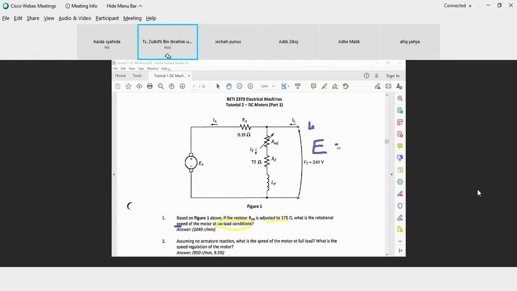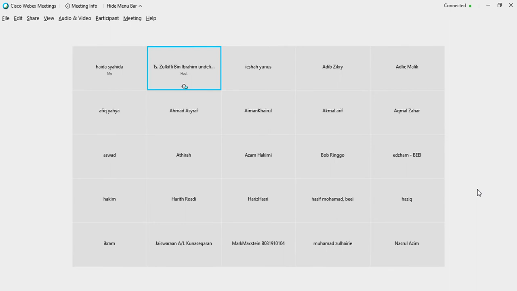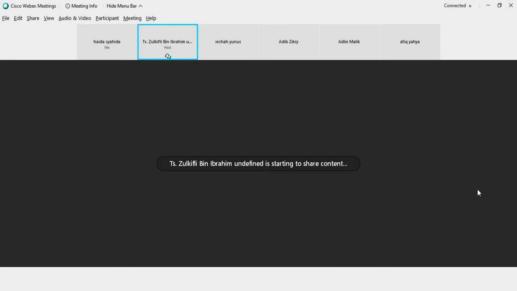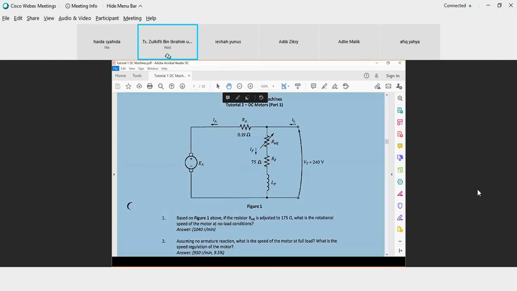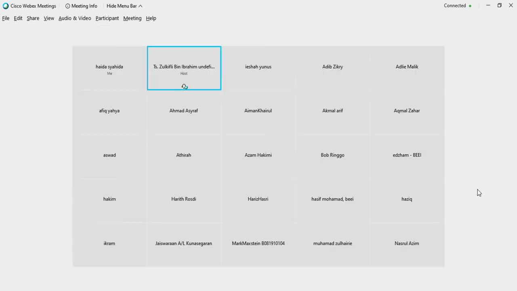Saya kena buka ni. Saya stop sharing balik, so saya share. Saya kena share all. Saya kena share screen is better. Okay. Macam mana? Tak boleh, saya stop sharing.